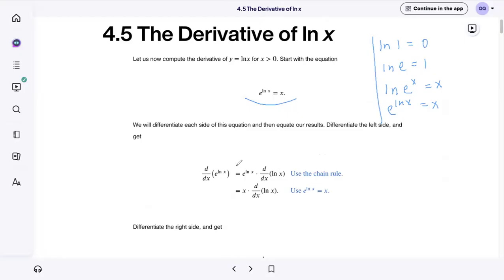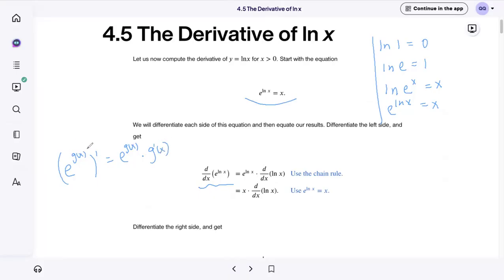So when we differentiate e raised by ln x, what do we get? We get e raised by ln x, then the derivative of the exponent. Remember, when we have e raised by g of x and take the derivative, we get e to the g of x times g prime of x.